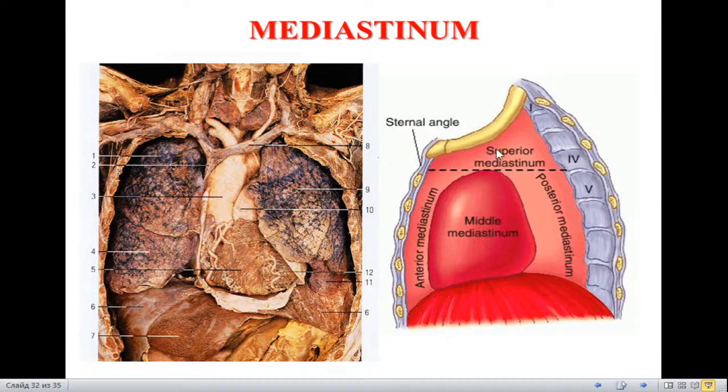So there is the superior mediastinum, and the inferior mediastinum, which can be subdivided into anterior, middle, and posterior.